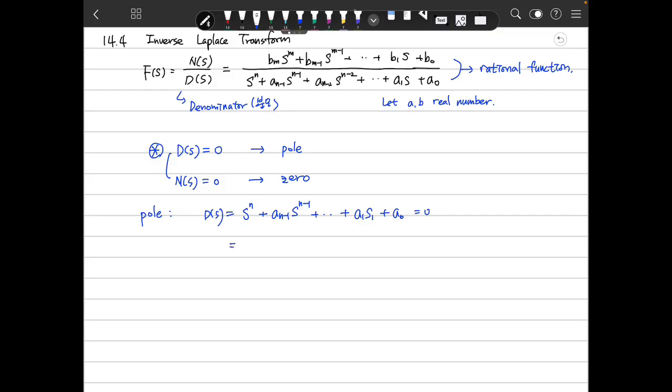We replace it with (s - p1)(s - p2)...(s - pn). Then we call p_i a pole. The pole can be a complex number.